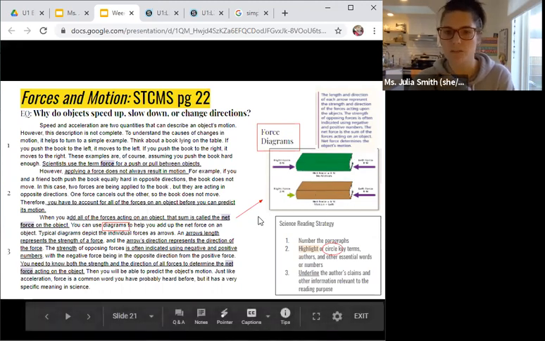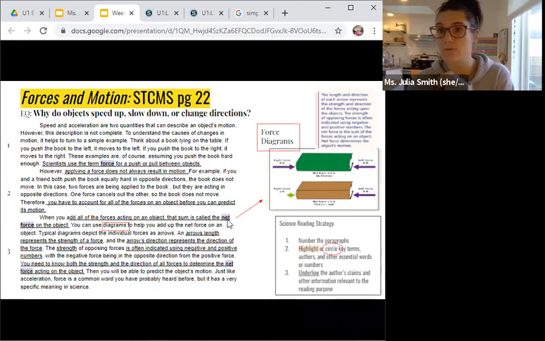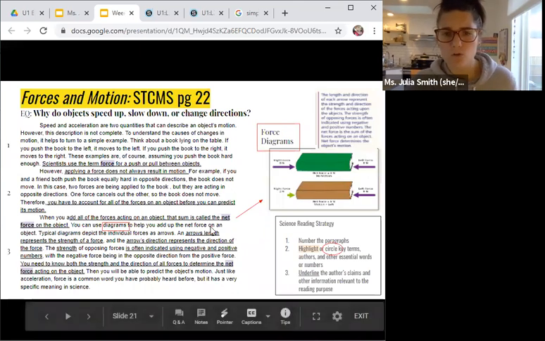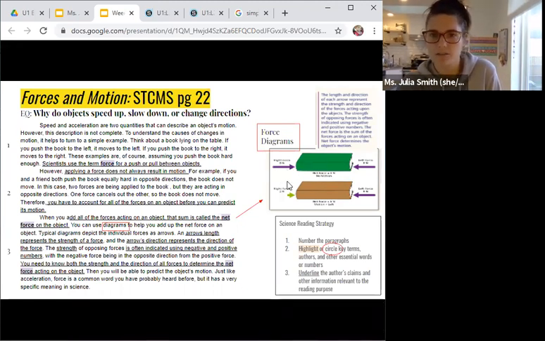So force diagrams help us find the net force. And the net force is the sum of all the forces acting on an object. When you're looking at a force diagram, the arrow's length determines its strength.